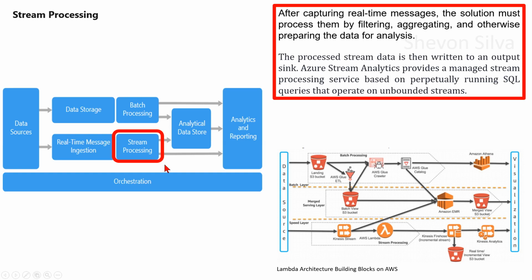Azure Stream Analytics provides a managed stream processing service based on running SQL queries that operate on unbounded streams. Here you can see Lambda architecture building blocks on AWS. The speed layer can be built by using the following three options available with Amazon Kinesis.